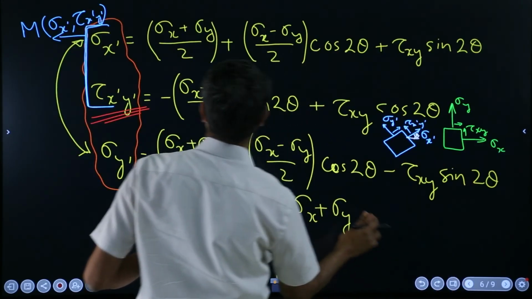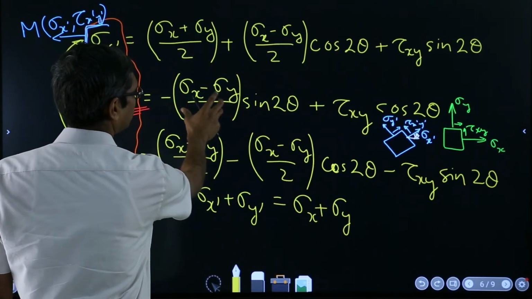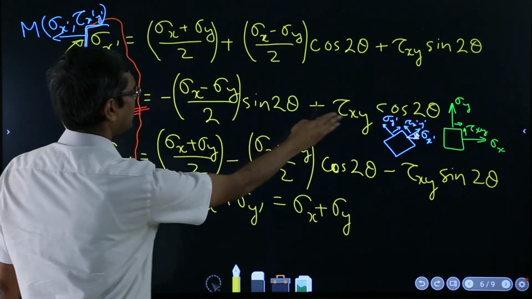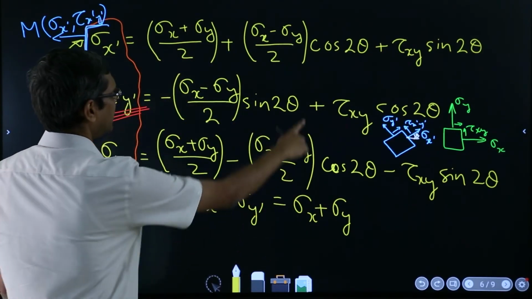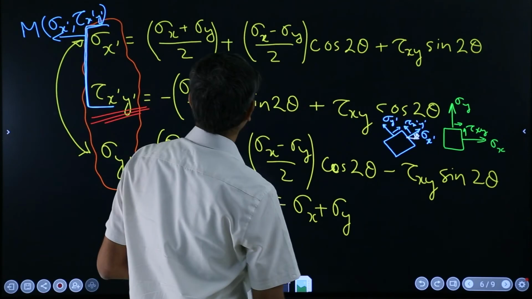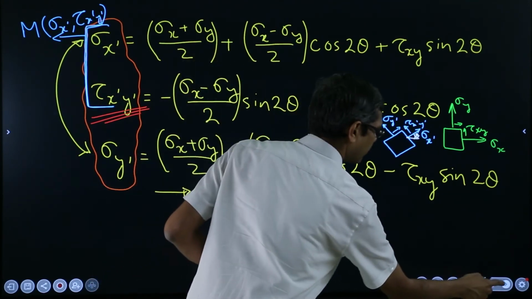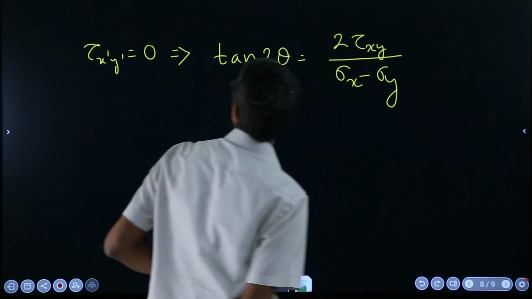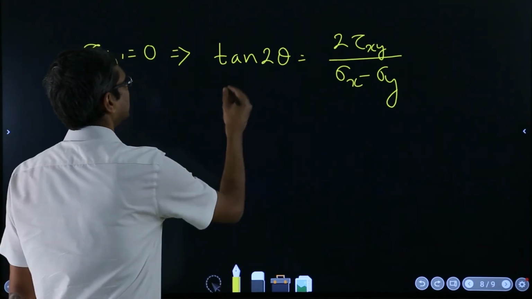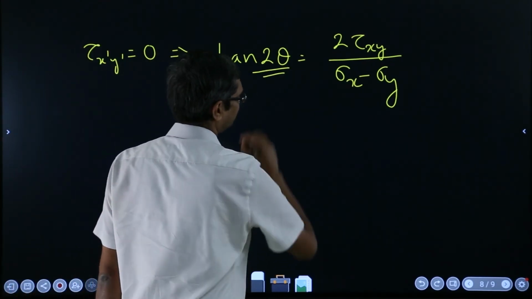So just see it here. So this is one, so you took it this side and tan of 2 theta is that over this, okay. So this tells you what?